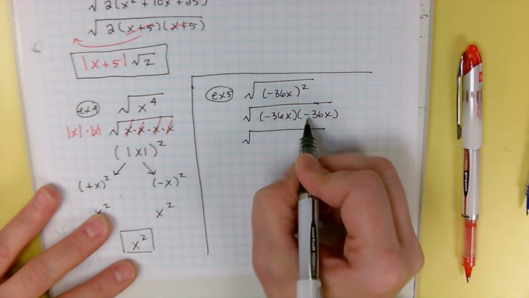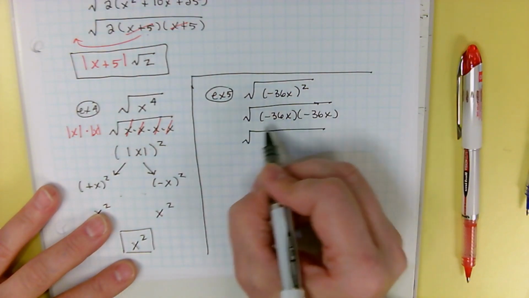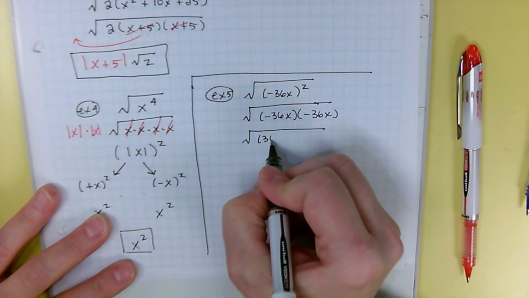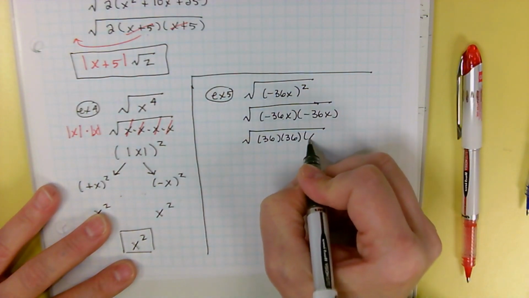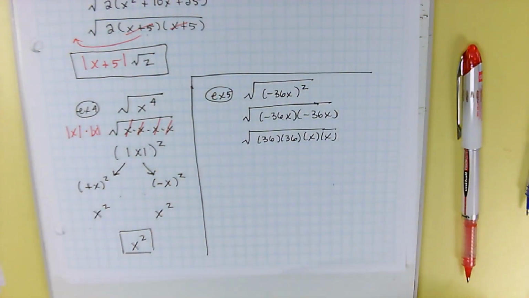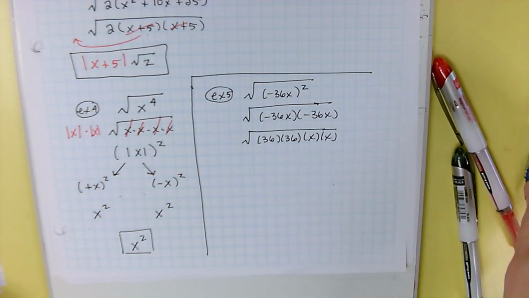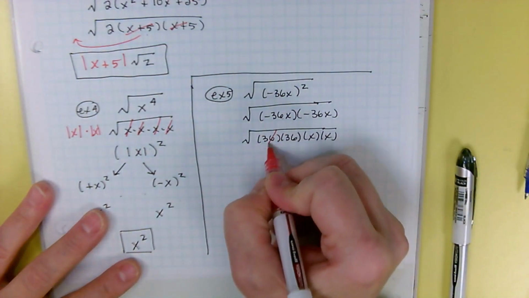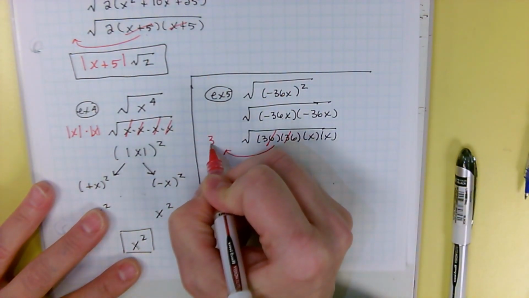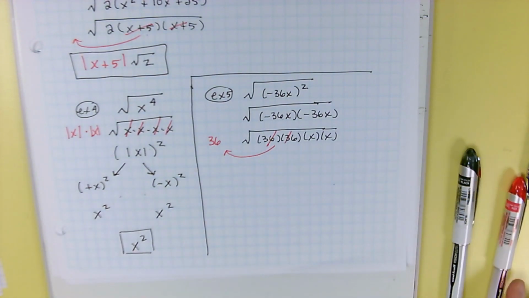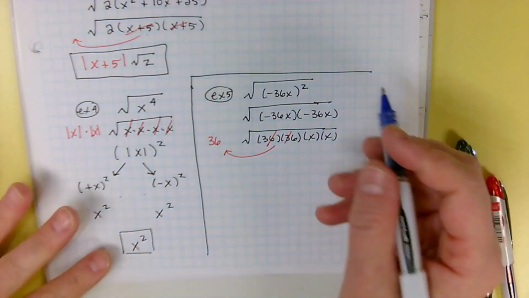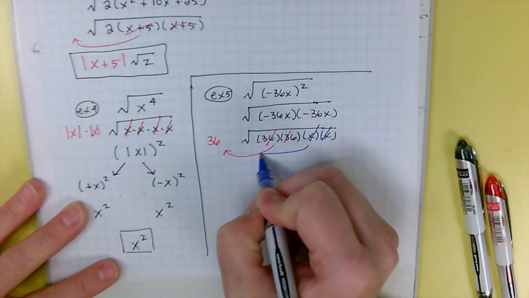A negative times a negative is a positive, so the negatives go away. So I have a 36 times a 36, and I have an x times an x. So 2 36's, 1 comes out. It's not plus or minus because it's not an x. I have 2 x's, 1 comes out.